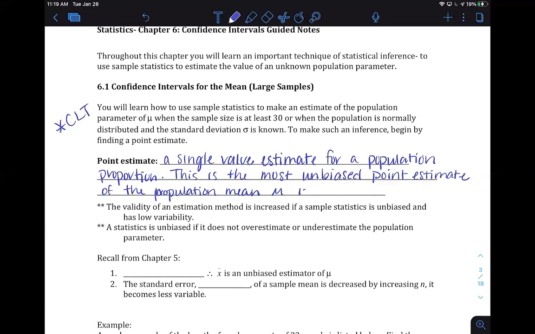The sample mean, X bar. Okay. So that is what we're going to be starting off finding.